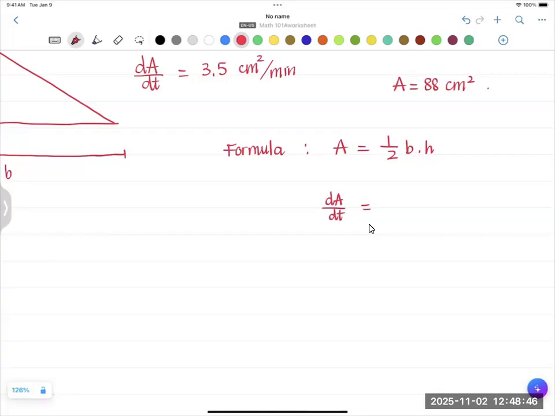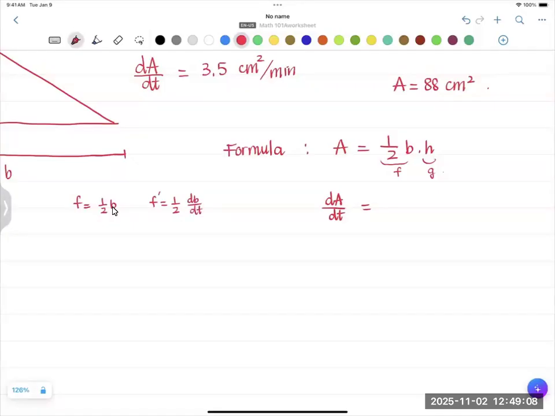And the derivative on the right side is the product rule. So we're going to have f and g. When f is 1/2 B, f prime will be 1/2, and then we have the chain rule of B, which is dB over dt.